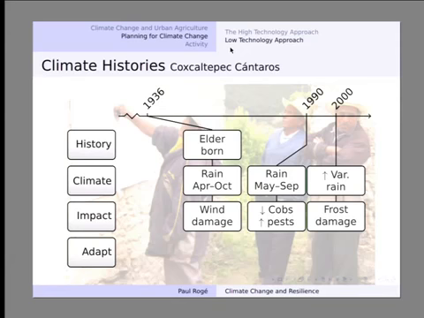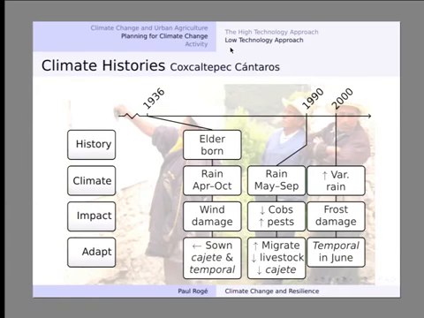So you can see there a reduction in cobs and increase in pests in 1990, frost damages, wind damages. And then we got into the more interesting stuff, which is what they actually did about the situation. And I wrote a whole bunch of stuff about what they actually did.